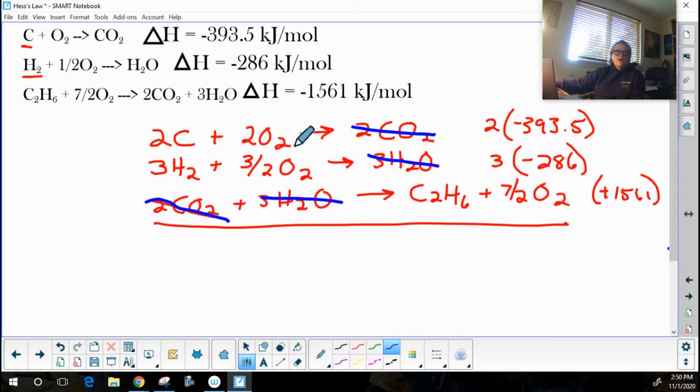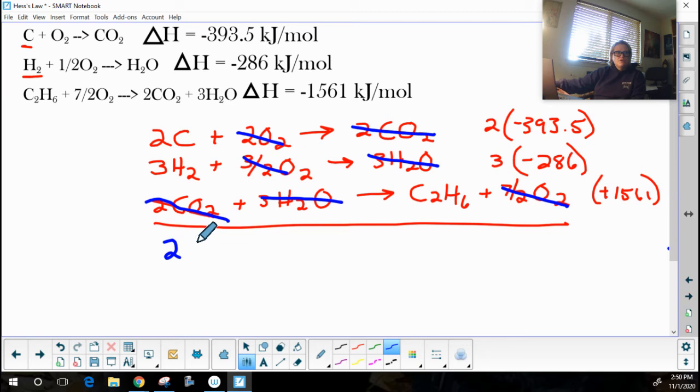So I've got 2 plus 1.5, that's going to end up being 3.5 oxygens here. And I've got 3.5 oxygens here with 7 halves. So all my oxygens will end up canceling out.